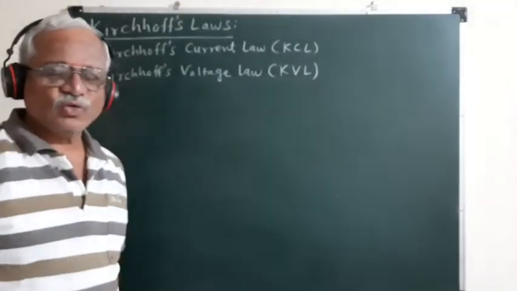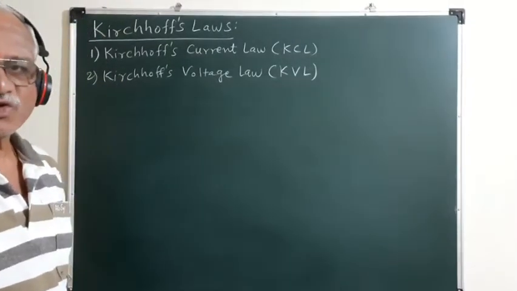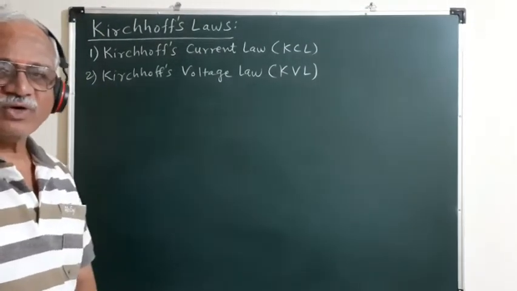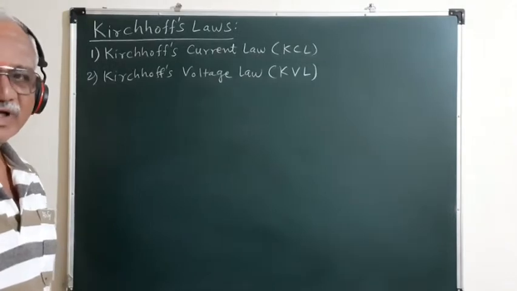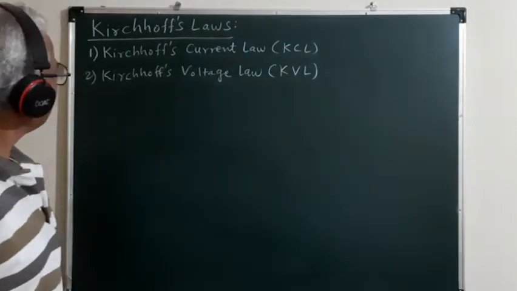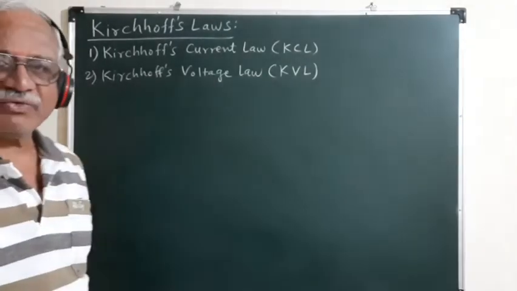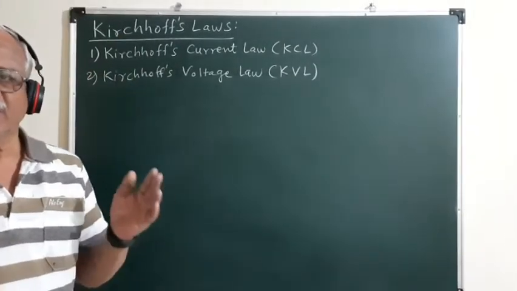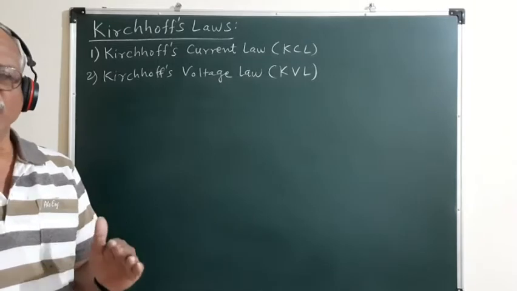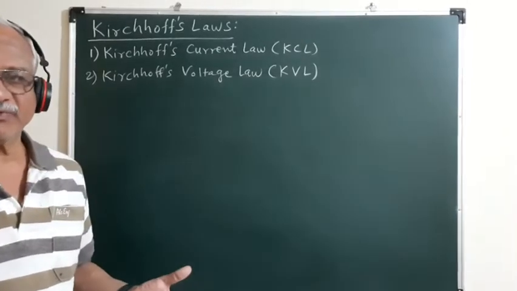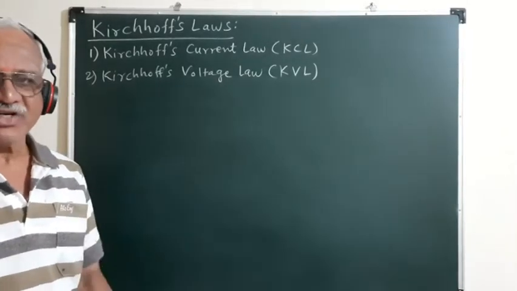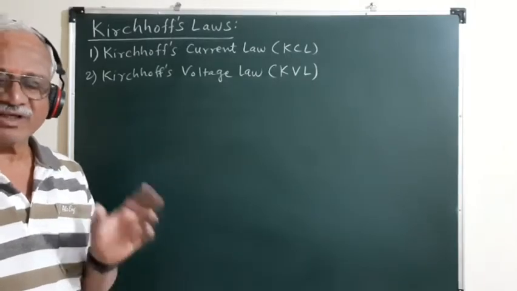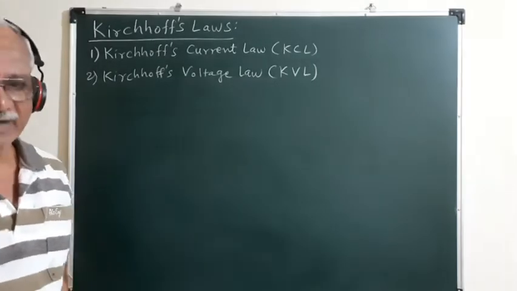There are two laws proposed by Kirchhoff in order to analyze networks or circuits. Analyzing a network means that we have to find out the currents flowing through the different branches of that network or the potential difference across a certain branch of the given network.